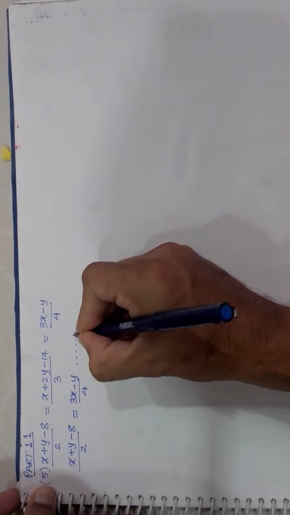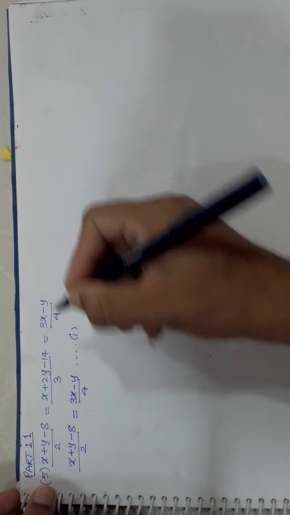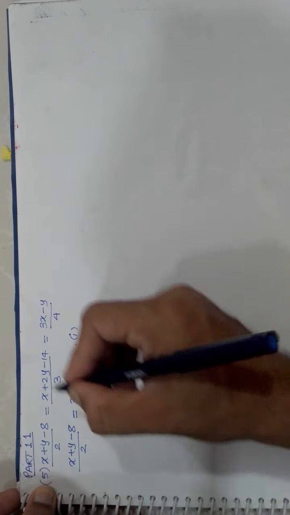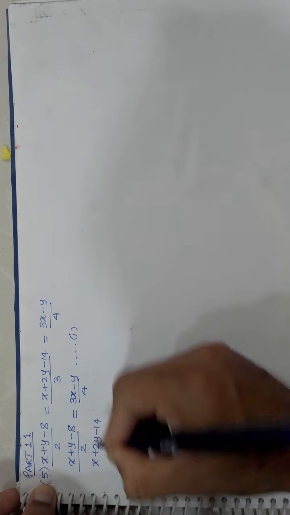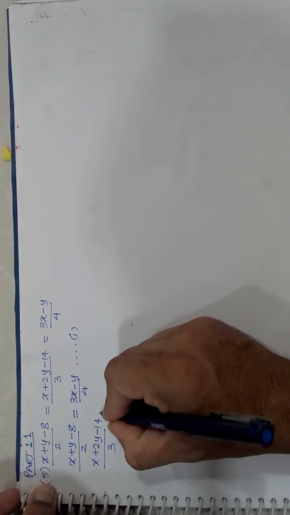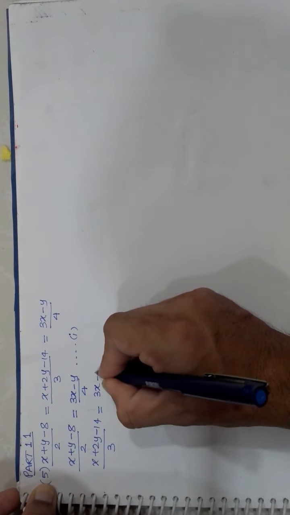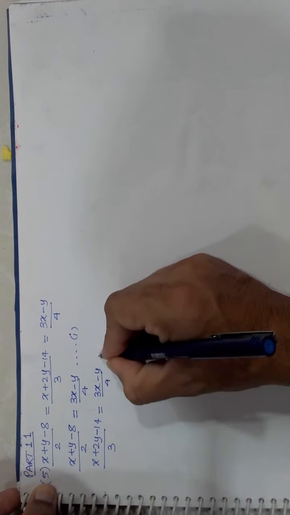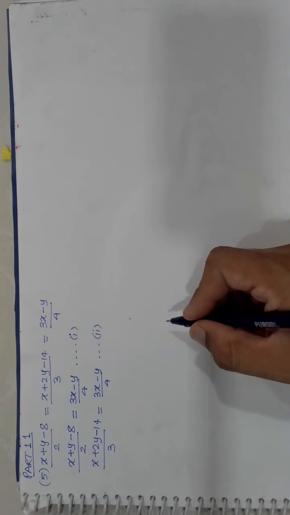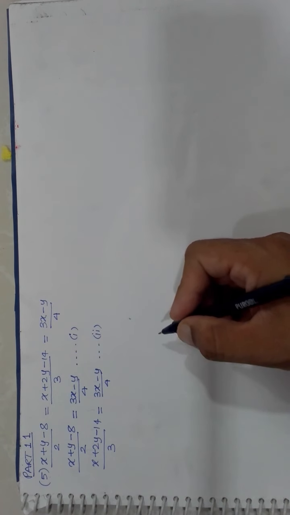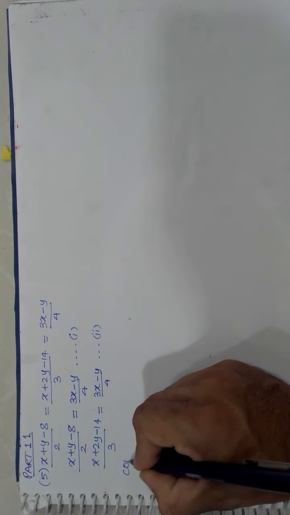This is where I am repeating the third part. And x plus 2y minus 14 upon 3 is equal to 3x minus y upon 4. This is my second one. Now let me consider the first one.